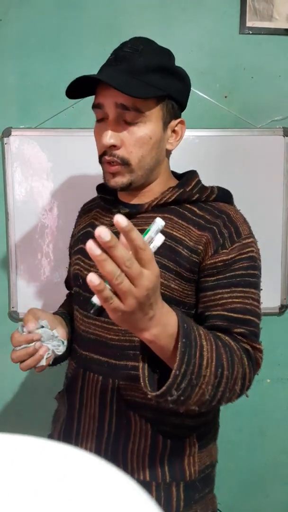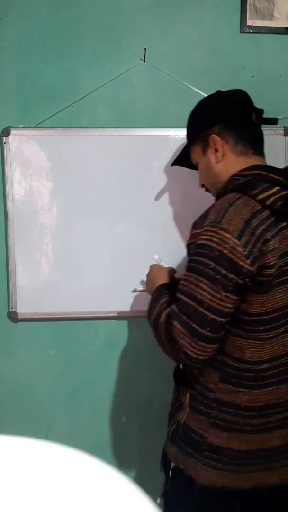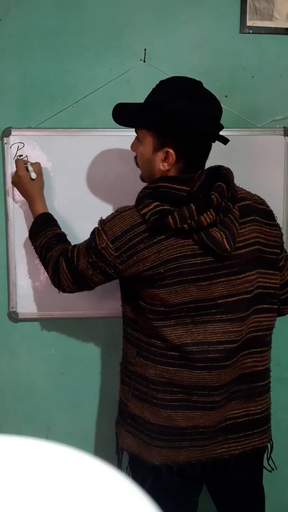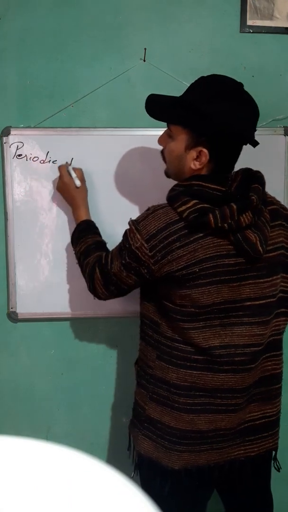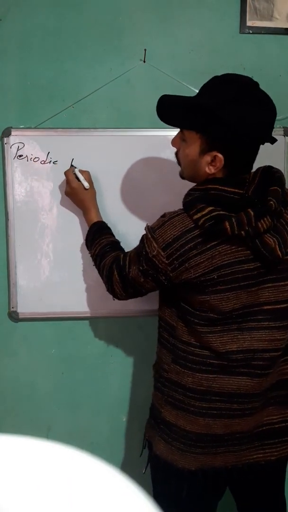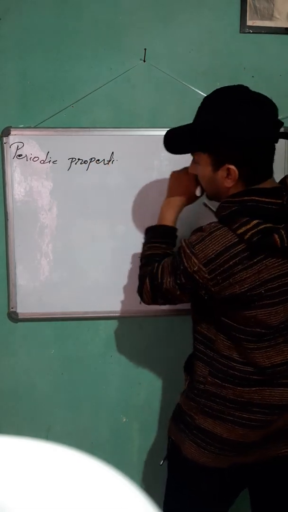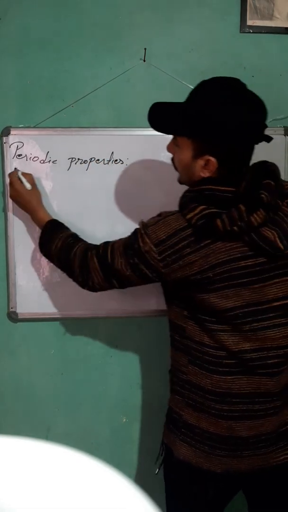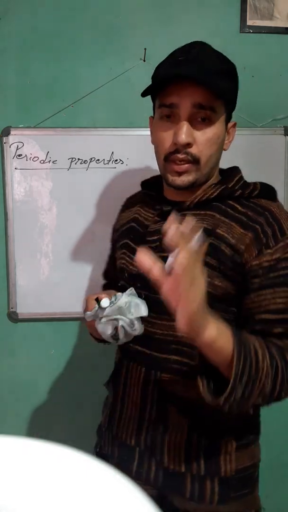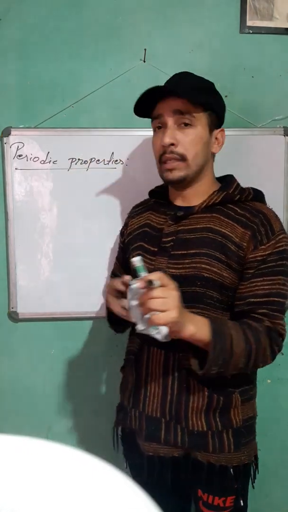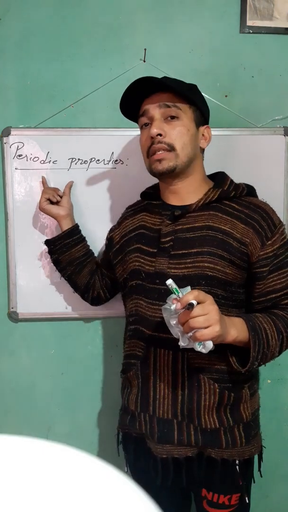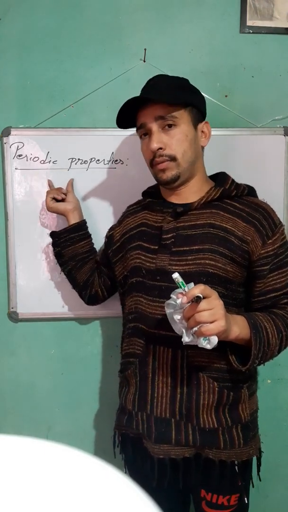Okay, so you note one question. What do you mean by periodic properties of an element and periodicity? Okay, so the answer will be: periodic properties of an element are the properties which repeat after some interval.